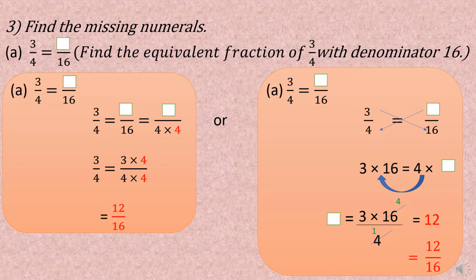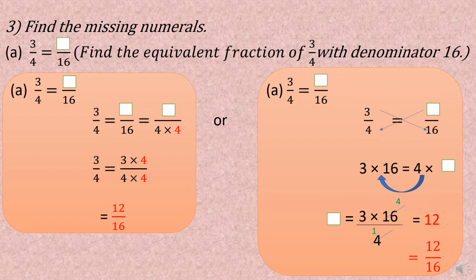This problem can be solved in one more method, that is called cross multiplication method. Follow the arrow marks. 3 into 16 is equal to 4 into dash. We have to bring the 4 to the other side of the equal to sign.